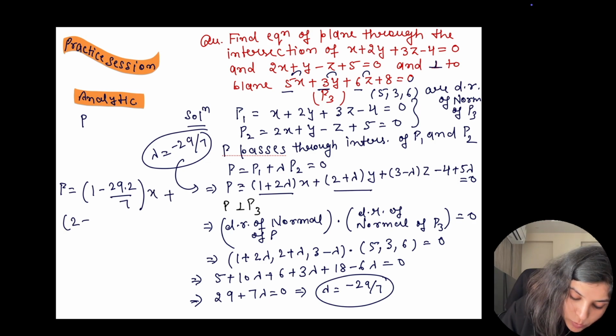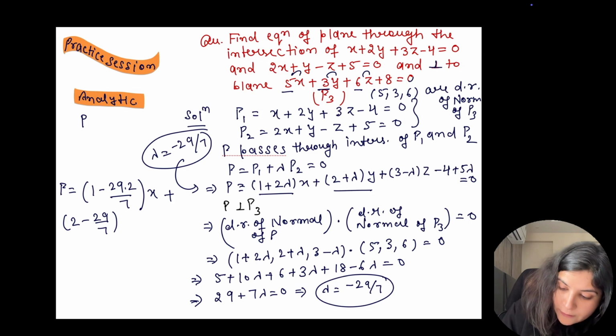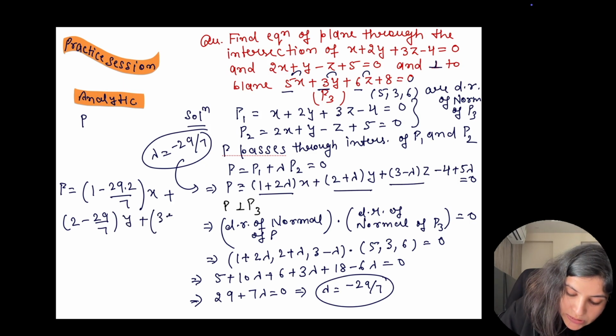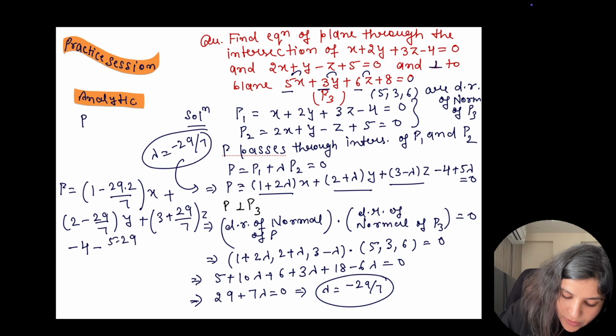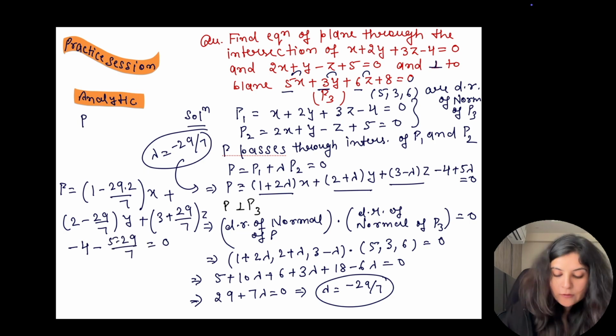So 2 - 29/7 y, plus 3 - lambda, z. So 3 + 29/7 z. Minus 4 + 5 lambda. So -4 - 5 into 29/7, and that is equal to 0.